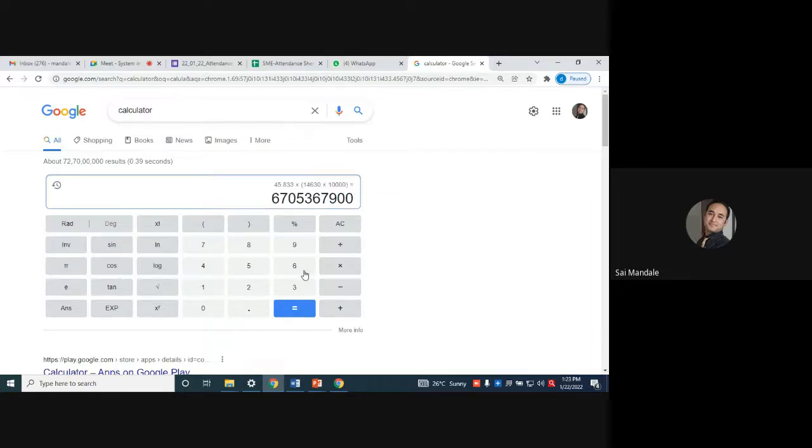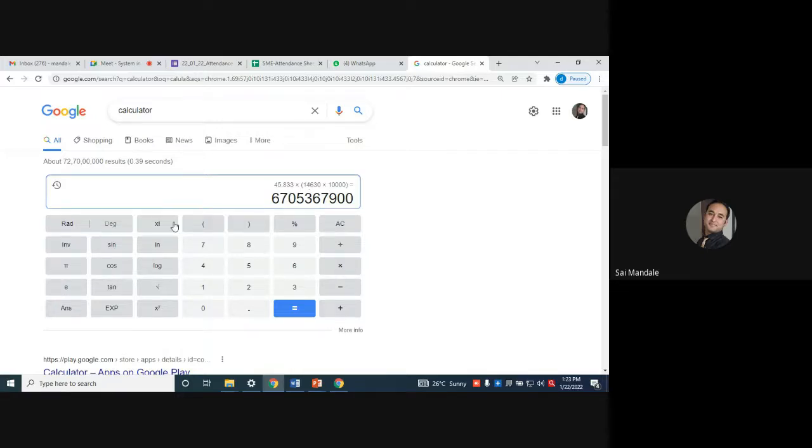So if you press engineering, 10,000 has come. So one zero will be reduced, simple. So the answer is 6.7 into 10 raised to 8, or 670 into 10 raised to 6.